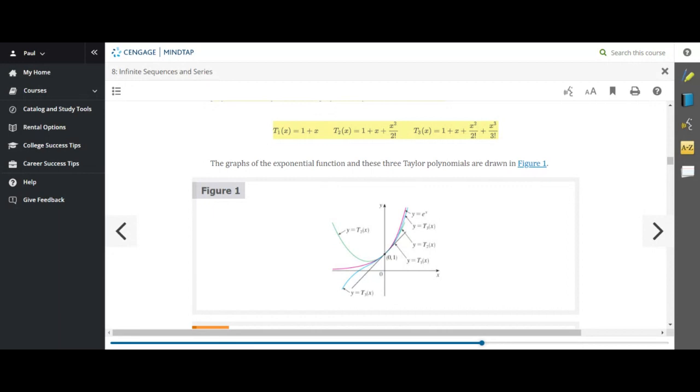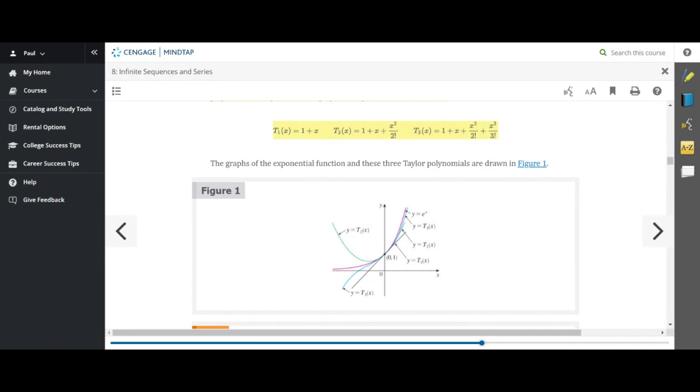So in figure 1, you have the exponential function, which is the purple function, and then you have the first order Taylor polynomial, which is that line segment in black, the second order Taylor polynomial, which is the parabola in green, and the third order Taylor polynomial, which is the blue function.